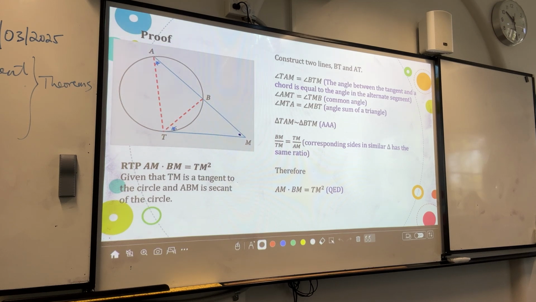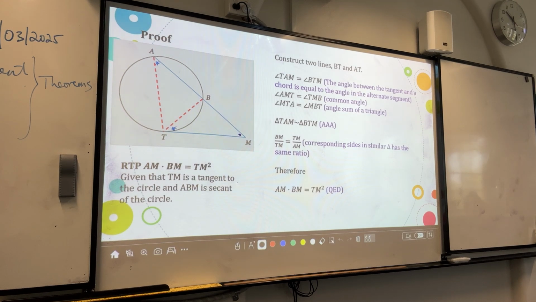When you do your proof, it's step by step. Always, once you have something square, it's always either a similar triangle or a congruent triangle, because you want to get a ratio and multiply them together.